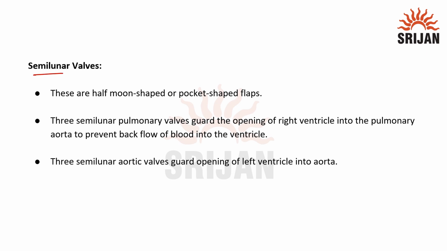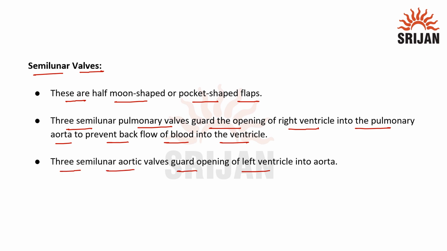Next we have semilunar valves. These are half-moon shaped or pocket-shaped flaps. Three semilunar pulmonary valves guard the opening of the right ventricle into the pulmonary aorta to prevent backflow of blood into the ventricle. Three semilunar aortic valves guard the opening of the left ventricle into the aorta.